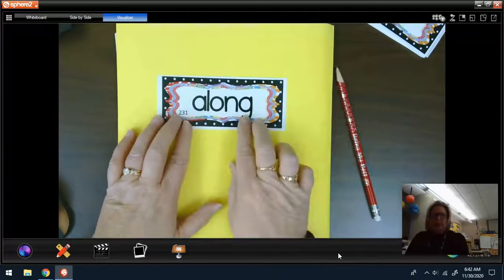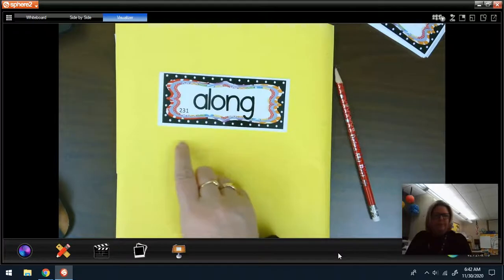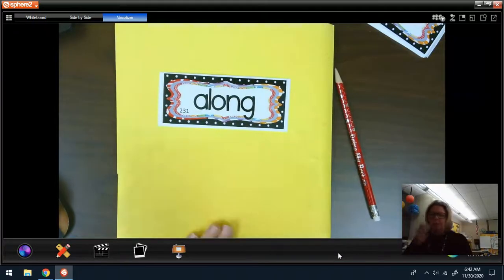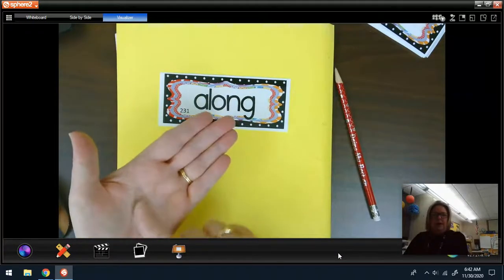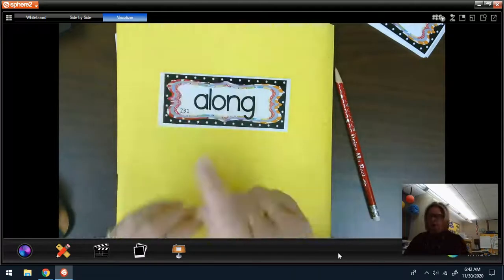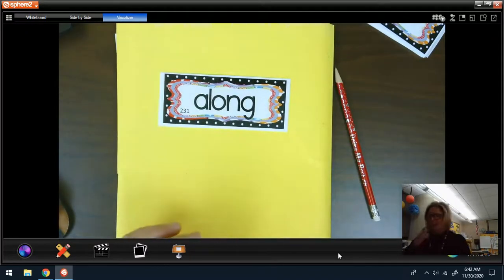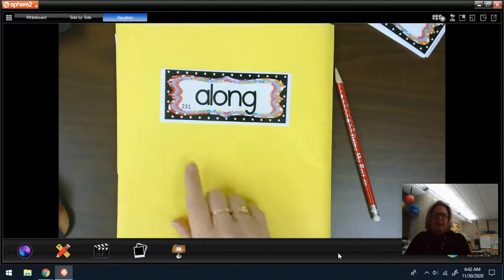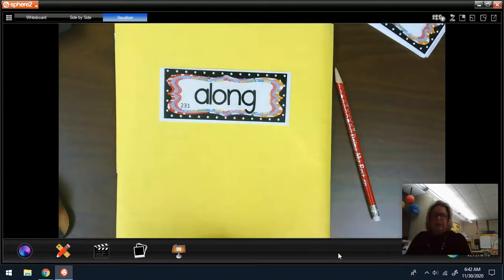So we're just going to finger spell it. You can do that just even on your hand, on your arm. You can write it like Mrs. Mead's going to write it. We can skywrite it. It's hard for me to show the skywriting here, but with skywriting we're just sort of finger writing. It's almost the same thing.